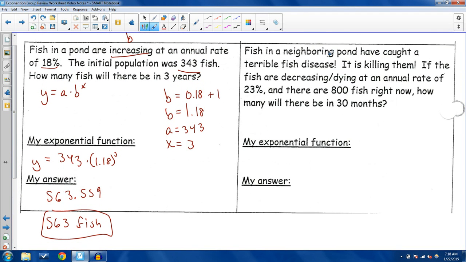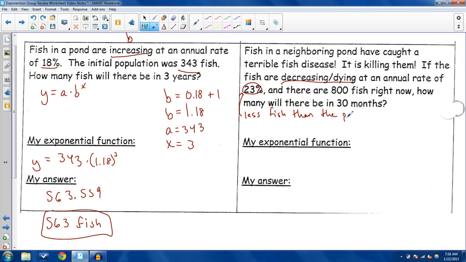Fish in a neighboring pond have caught a terrible fish disease. It is killing them. That sucks. If the fish are decreasing or dying at an annual rate of 23%, and there are 800 fish right now, how many will there be in 30 months? So it looks like the 23% means 23% less fish than the previous year.